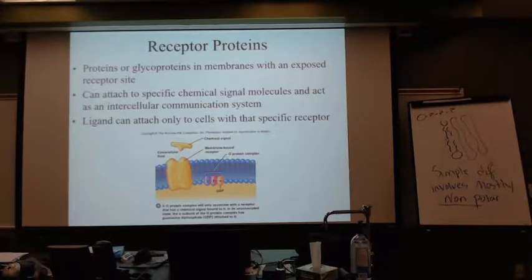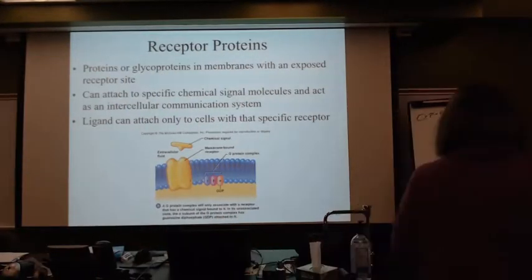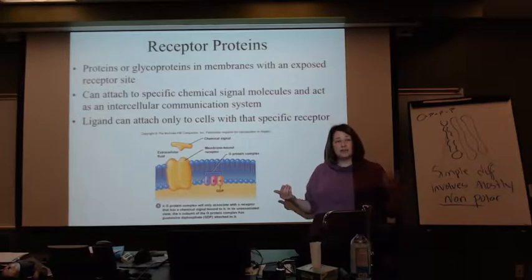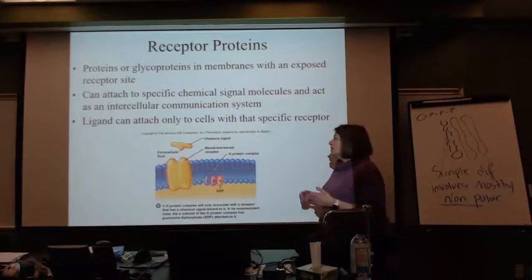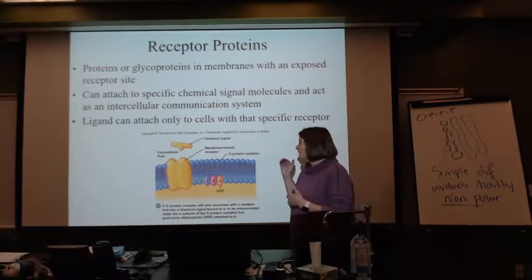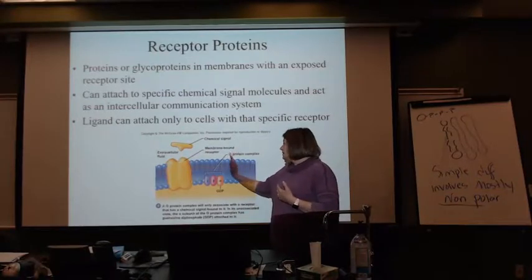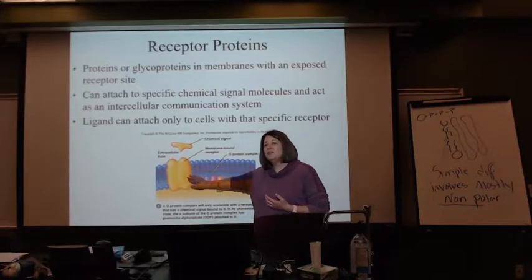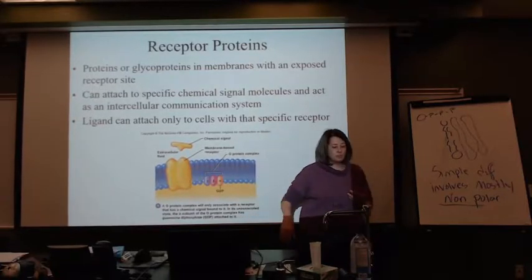So note how receptor proteins, because one of the things about the receptor proteins, they can allow movement from one side to the other. But what do you notice about this receptor protein?